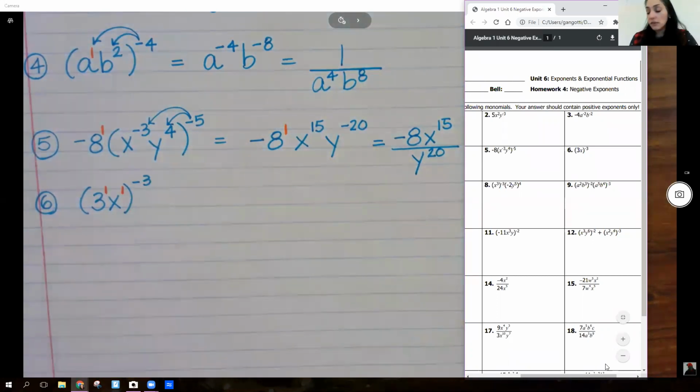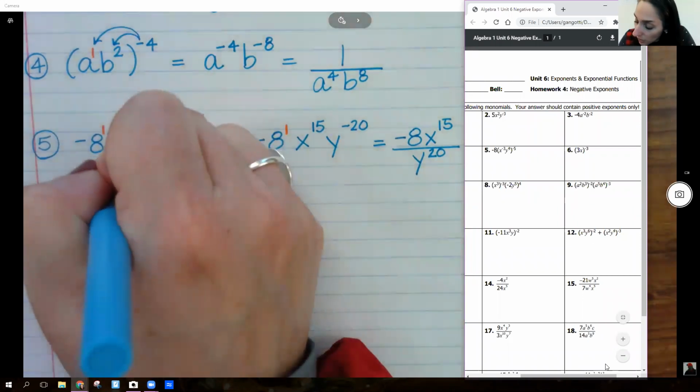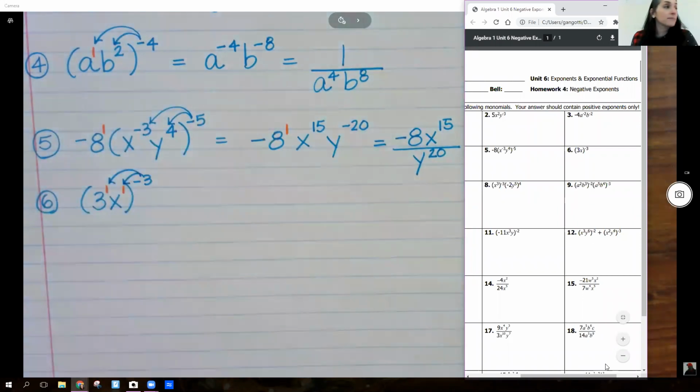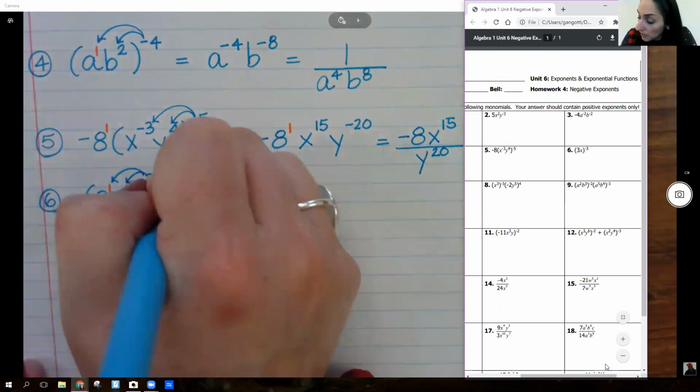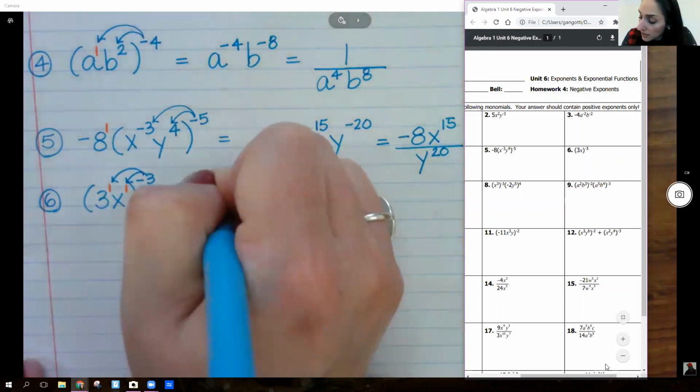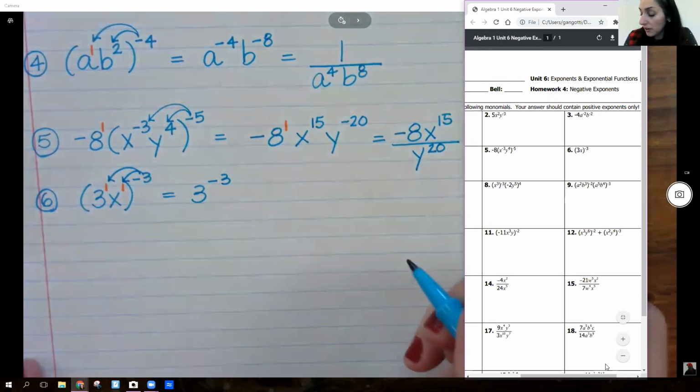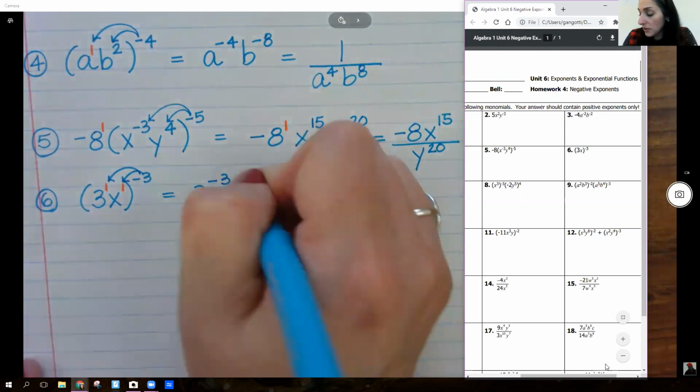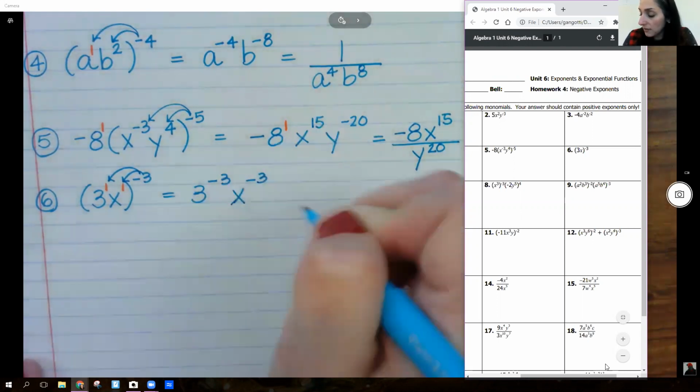We're going to distribute the -3 to the 1 and to this 1. It goes to both of those terms because there's parentheses around both of those terms. So this becomes 3 to the -3rd, x to the -3rd.